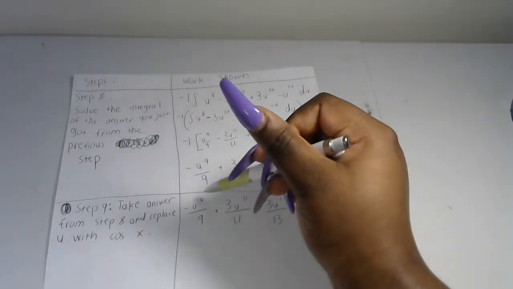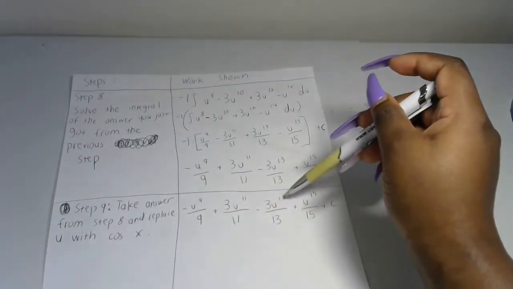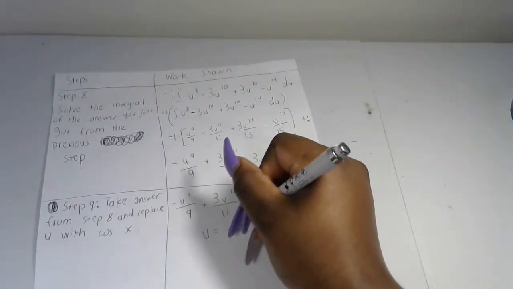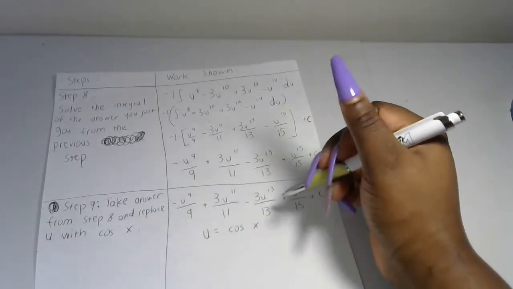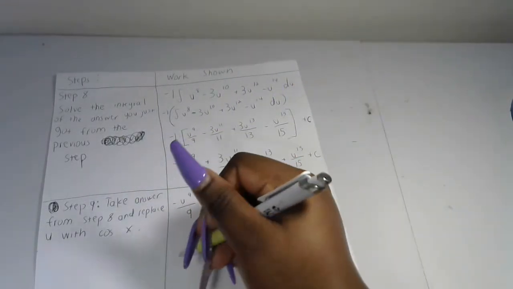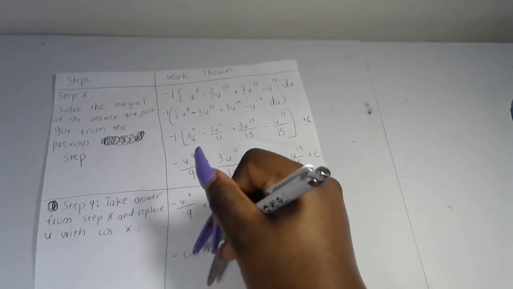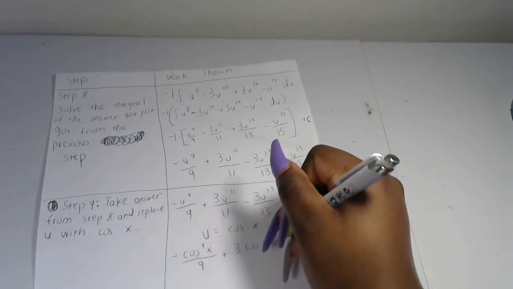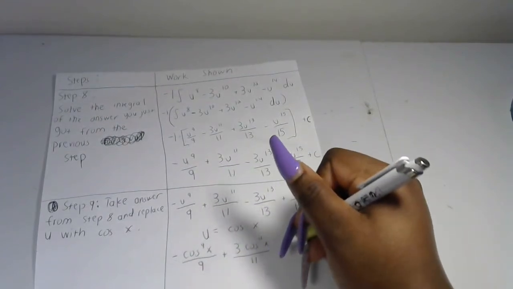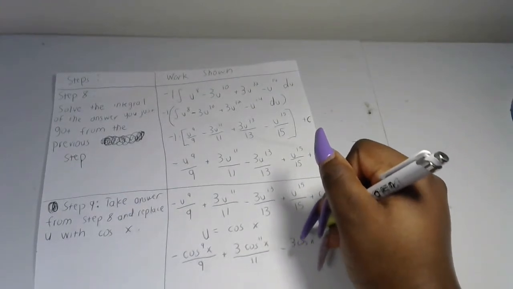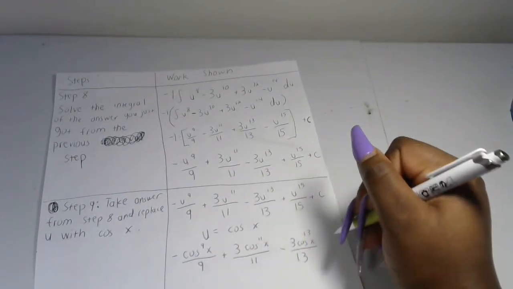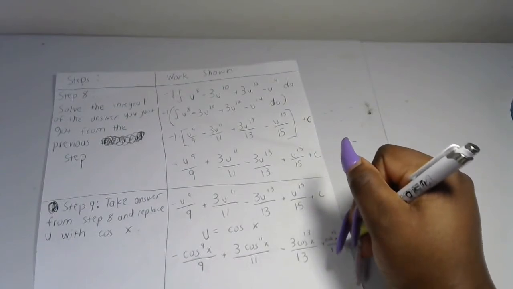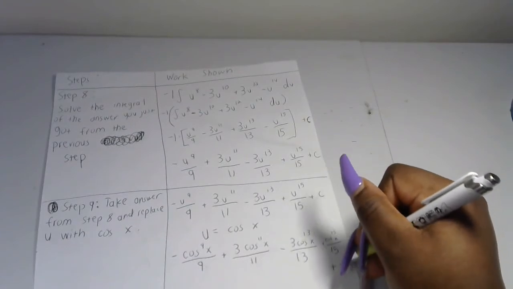Since u is equal to cosine x, we would get negative cosine x to the 9th over 9 plus 3 cosine x to the 11th over 11 minus 3 cosine x to the 13th over 13 plus cosine x to the 15th over 15. I kind of ran out of space, so let me put this at the bottom. Plus C. So then this would be the answer.